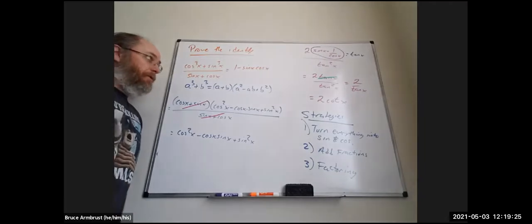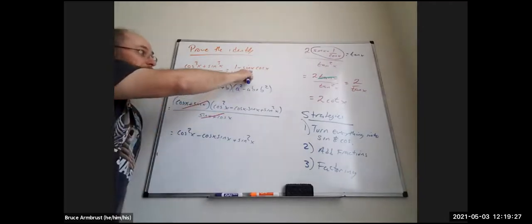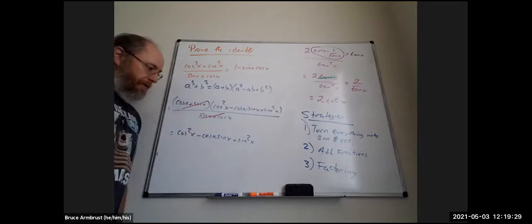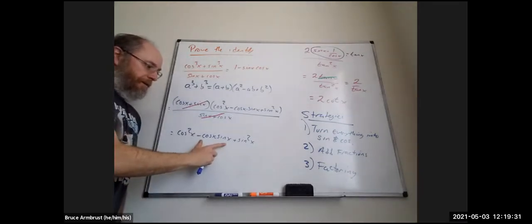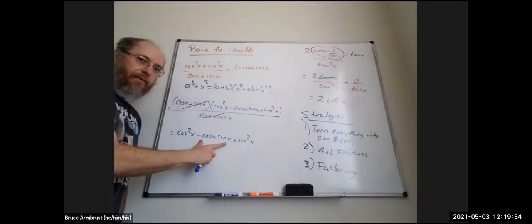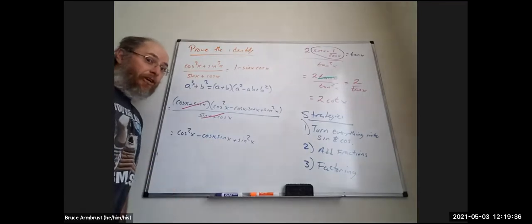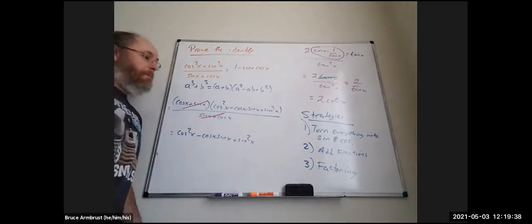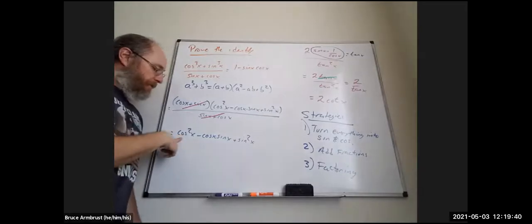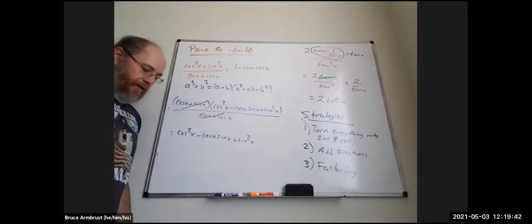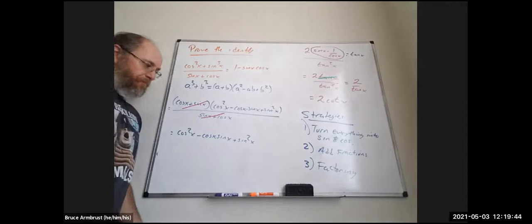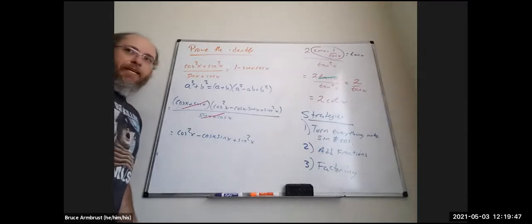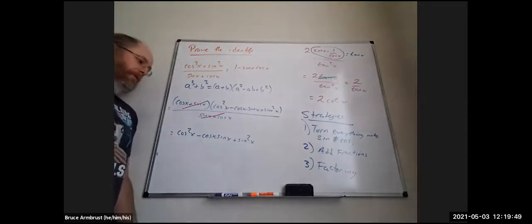Also, if you look at where we're going, notice that we needed a minus sine times cosine. And I've got that right here, minus cosine times sine. So things are definitely looking good. But I still have to get rid of this cosine squared and I have to get rid of this sine squared. So any ideas on how to get rid of those?